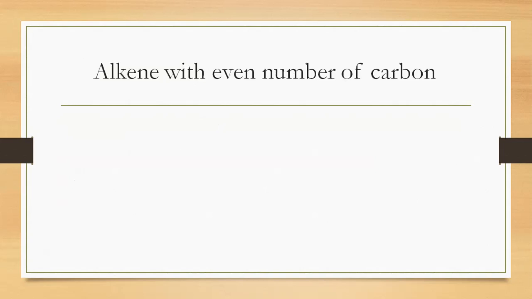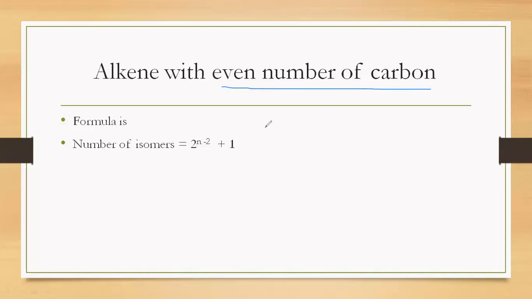Now, what is the formula for the alkene with an even number of carbons? Note down this properly. Number of isomers possible is equal to 2 to the power n minus 2 plus 1. Again, please remember, it is for even-number-carbon alkenes, not for odd-number alkenes.